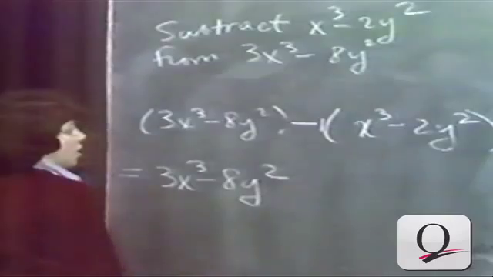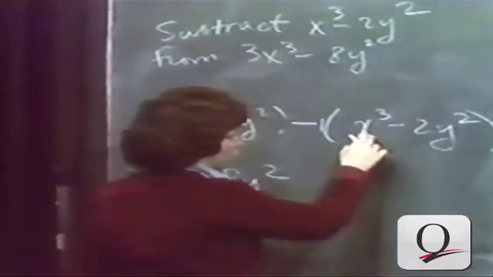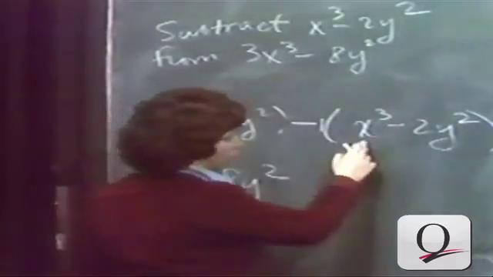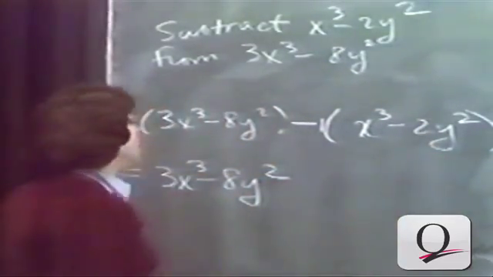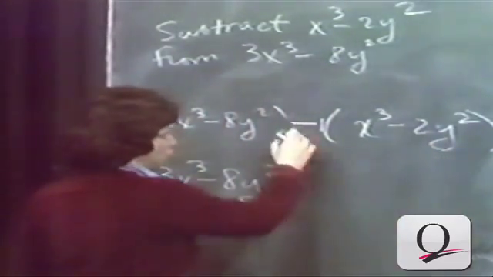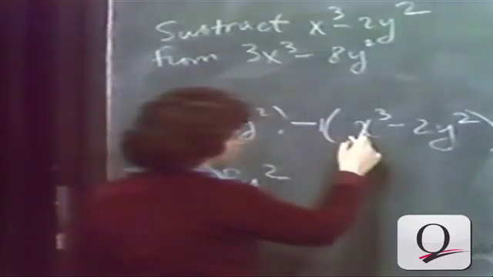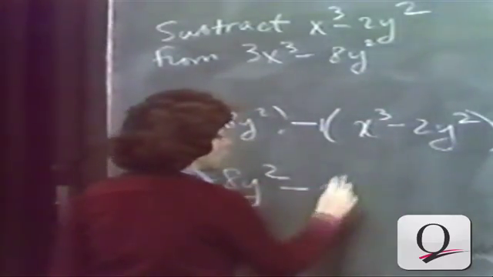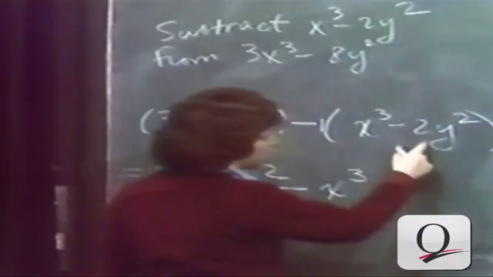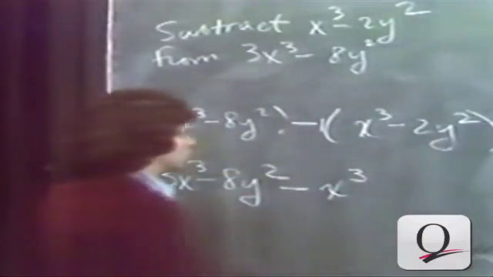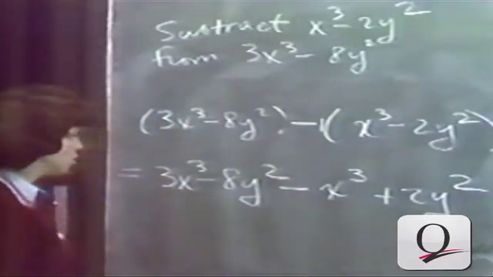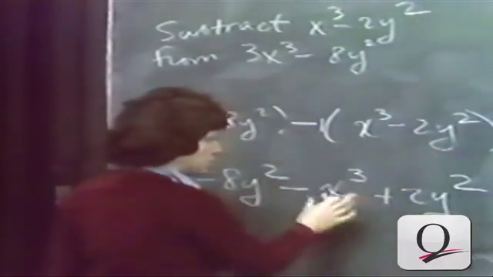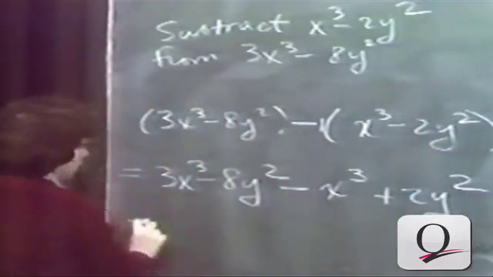Now, either you say this is plus x cubed and you're going to reverse it and make it minus x cubed, and minus 2y squared, you reverse it and make it plus 2y squared, and then you add, or you distribute the minus 1. Minus 1 times plus x cubed gives you minus x cubed. Minus 1 times minus 2y squared gives you plus 2y squared. Okay, so either way, you wind up changing the signs in the second parentheses and adding.